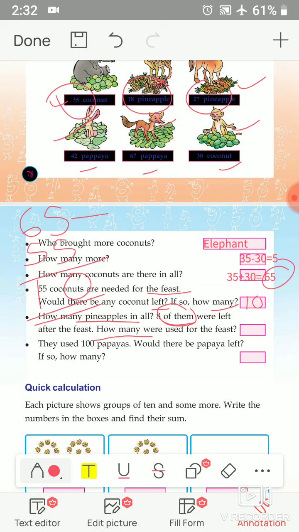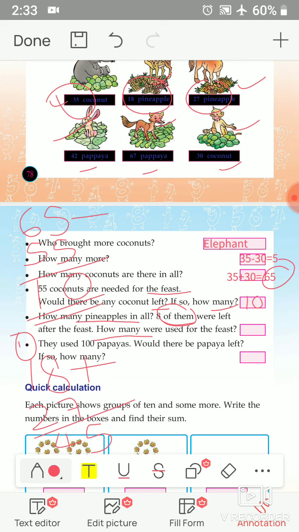So we have to add 18 plus 27. That is 8 plus 7 is 15. 5 is written in the ones place and the remaining 1 in the tens place. Then 1 plus 1 is 2, 2 plus 2 is 4. That is 45 pineapples in total.